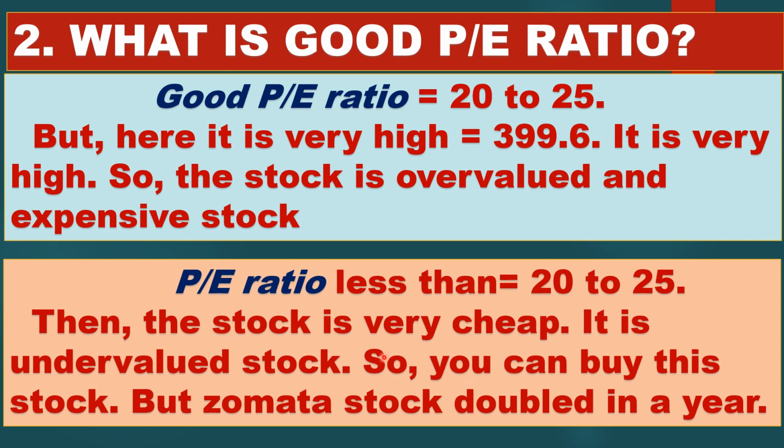In most cases, stocks won't obey the fundamentals because of people's sentiments. It will follow people's sentiments. Although some companies have very good fundamentals, a good PE ratio, a low PE ratio, they have not doubled in a year. In this case, Zomato stock doubled because of people's sentiment.